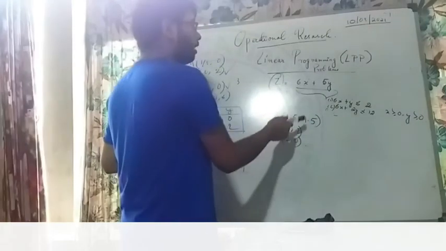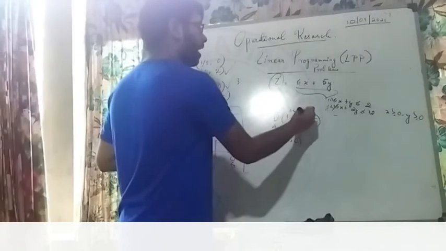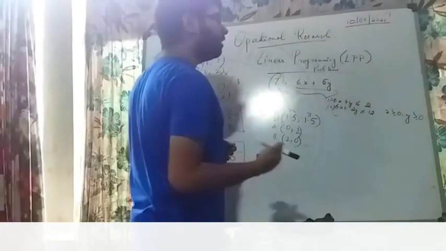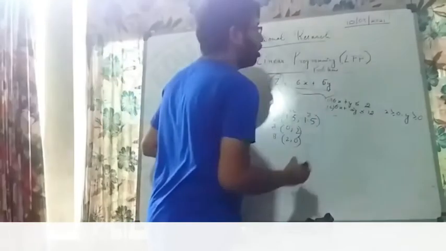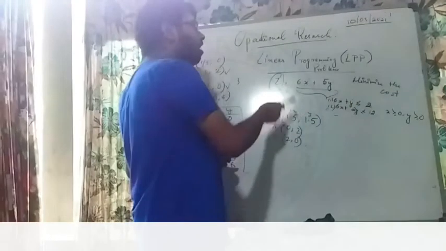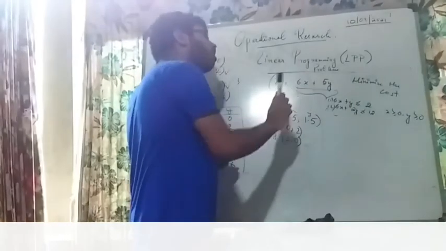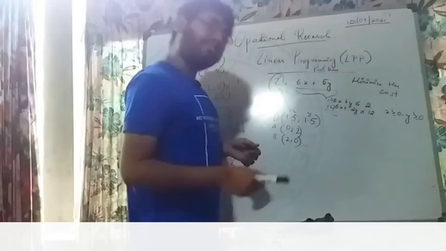Now we will place these values of x and y in the objective function. For example, we are given to minimize the cost. Then whichever value of Z is the least, we will take that value of x and y as our result.